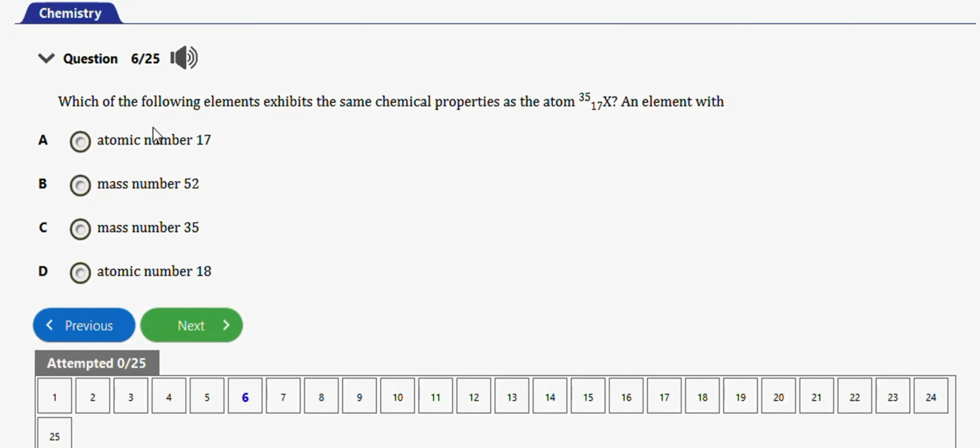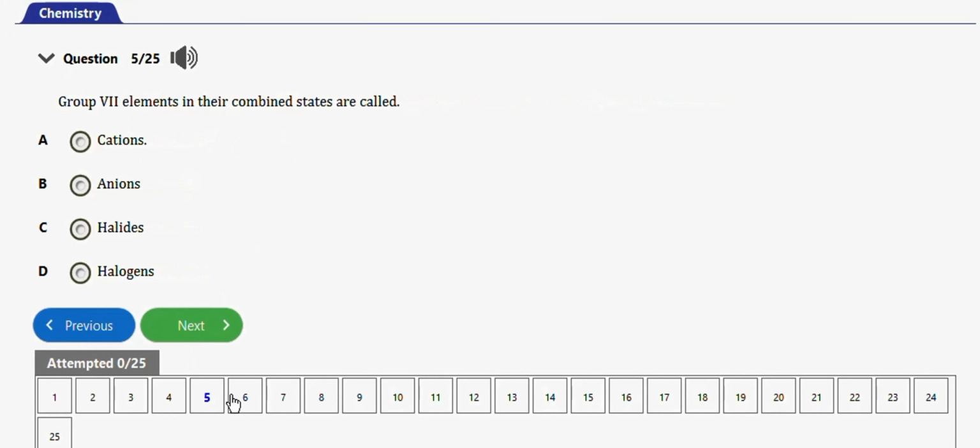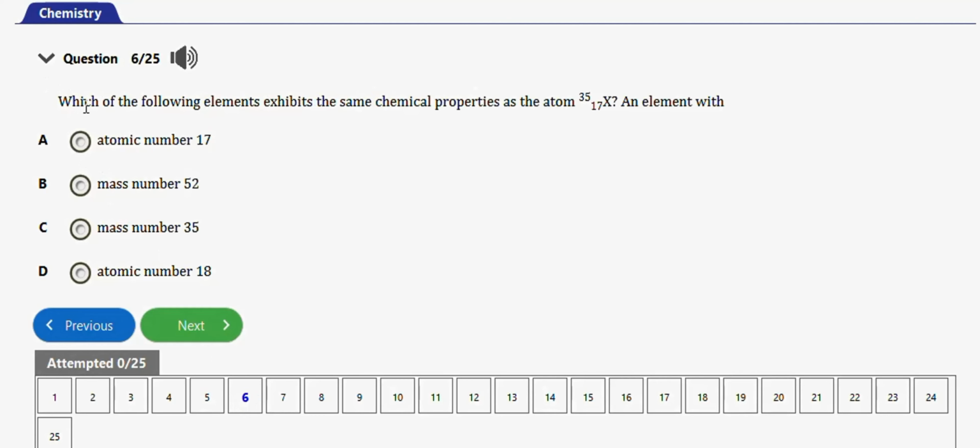It says which of the following elements exhibit the same chemical properties as the atom? Okay, an element with atomic number 17, mass number 52, mass number 35, atomic number 18. So the right option will be option A, atomic number 17.